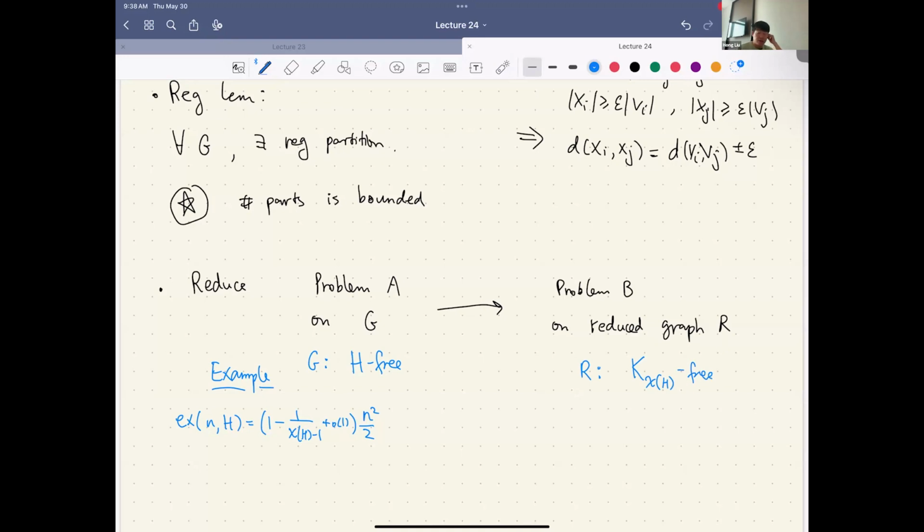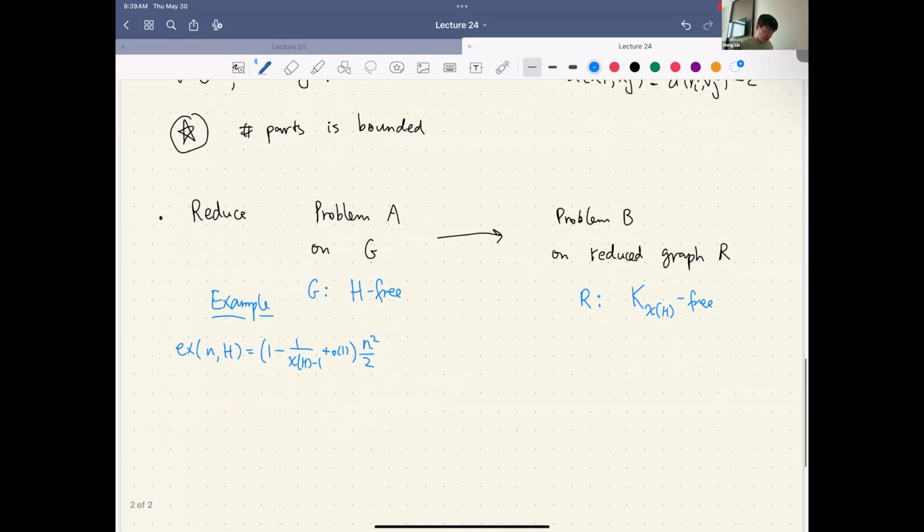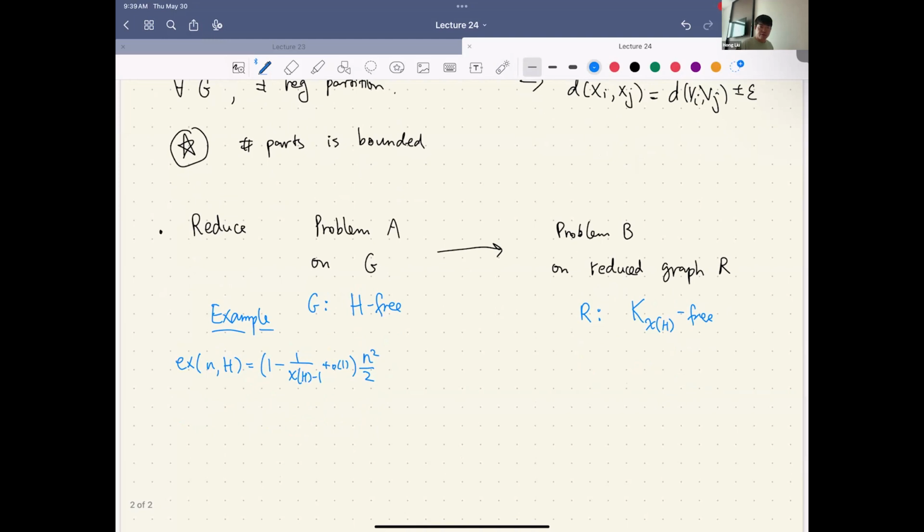We know that it does not contain any homomorphic image of H. In particular, the complete graph on chi(H) number of vertices is a homomorphic image of H. Then we can use Turán's theorem to solve R, which then reflects back to the edge density of G.